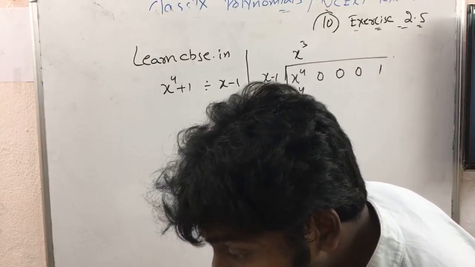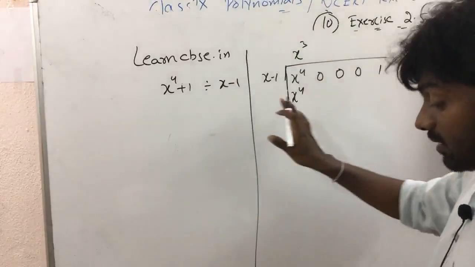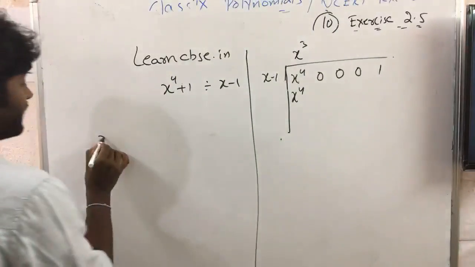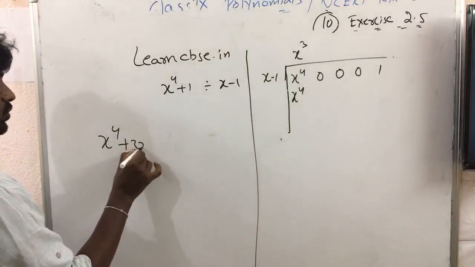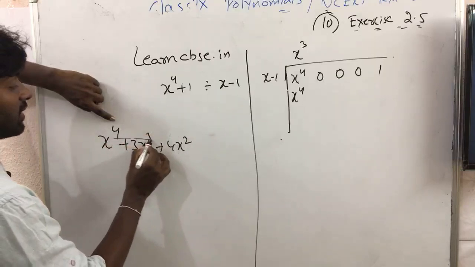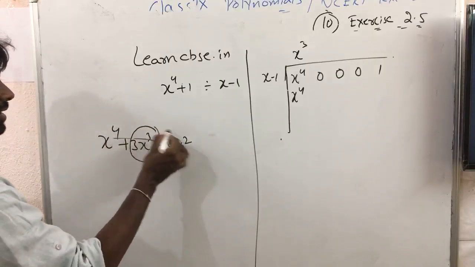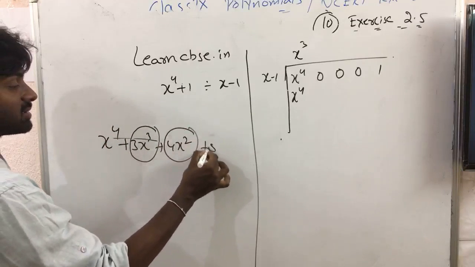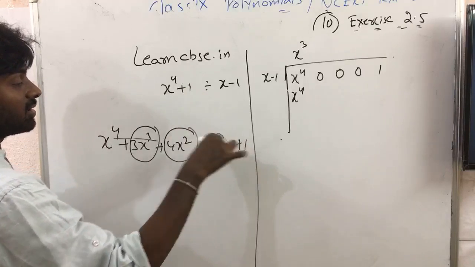How to write 0 means, generally, if you have the descending order of the powers, it should be like x power 4 plus 3x cube plus 4x square and so on. But there is no x cube term, x square term and x term, directly given the constant.